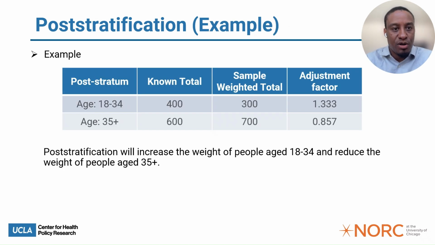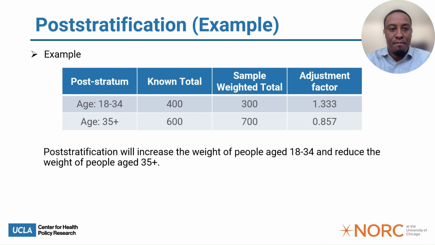In this example, we will further illustrate post-stratification using actual numbers. We will use two age groups. The first age group is 18-34 and the second age group is 35 plus. We have the known totals from the external source, so 400 and 600 for the two groups.